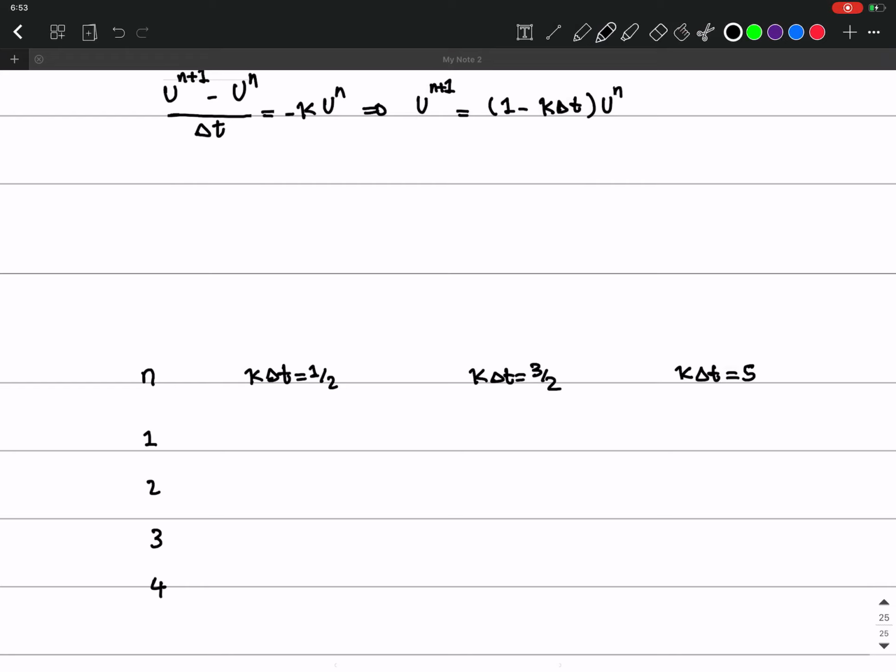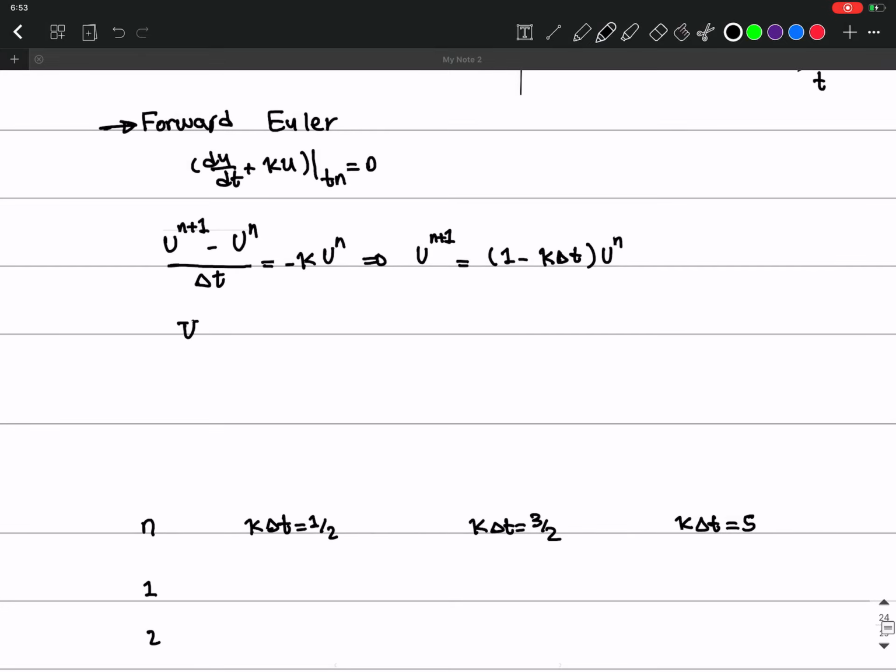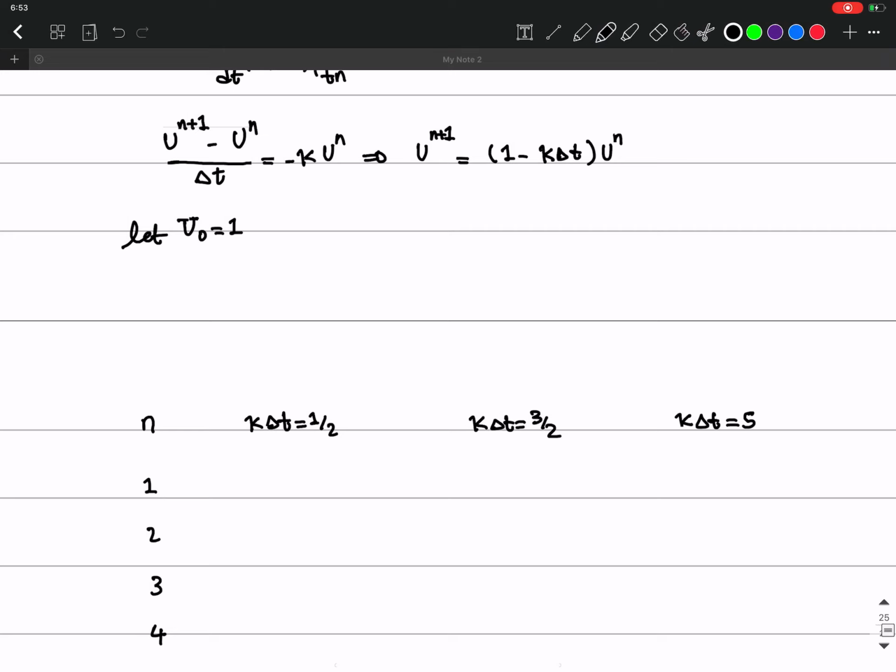Okay, so for 1, I'm going to set u0 to 1. So let u0 be 1. If u0 is 1, then at n1 for kappa delta t, you're gonna have 0.5 here. If kappa delta t is 3/2, we are going to have minus 0.5 here. And if it is 5, you're going to have minus 4 here, right?